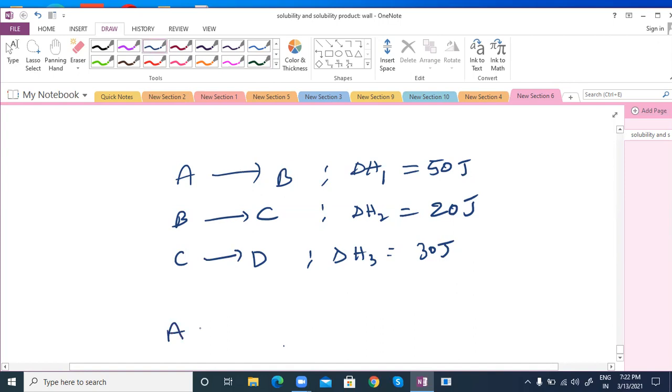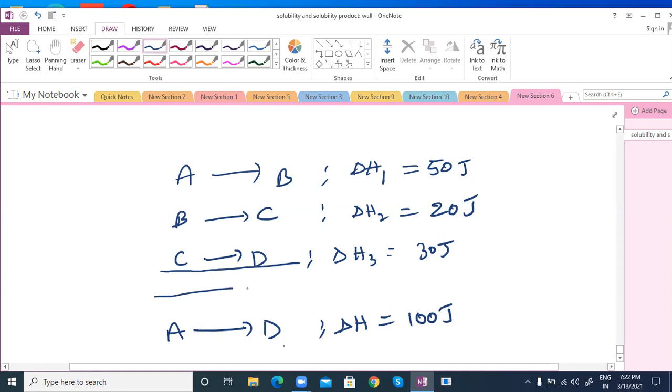But if the reaction occurs in one step, A to D, I will get delta H, that is nothing but 100 joules. Whether the reaction occurs in one step or multiple steps, the total energy change will be the same. That is the meaning of it. If you want, you can add these reactions.